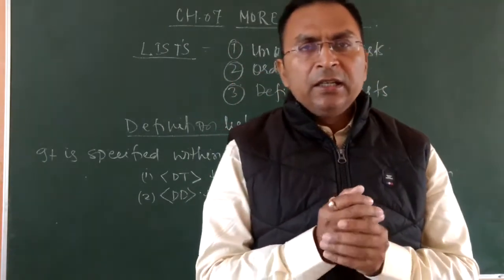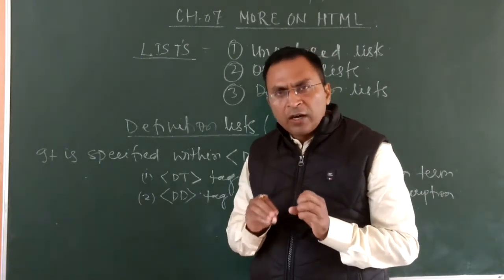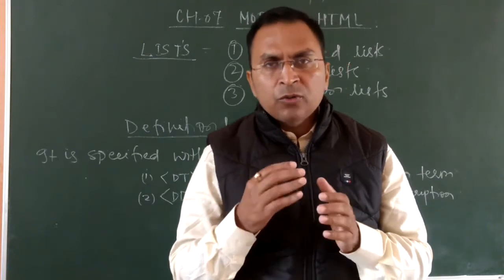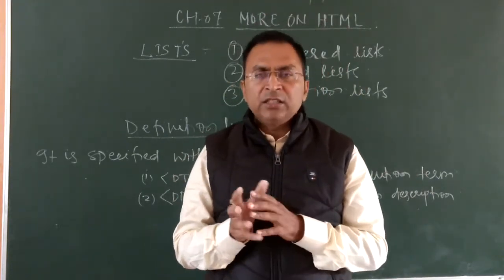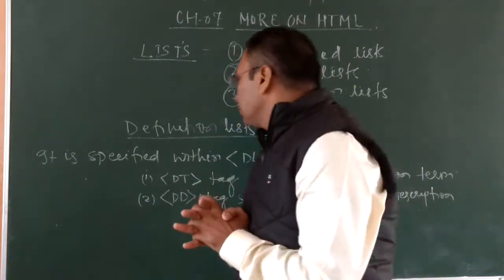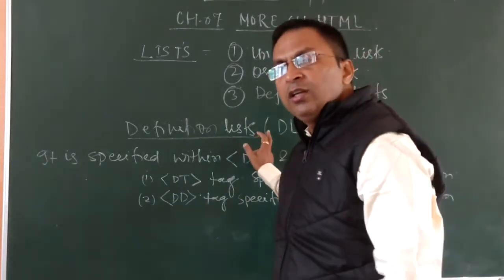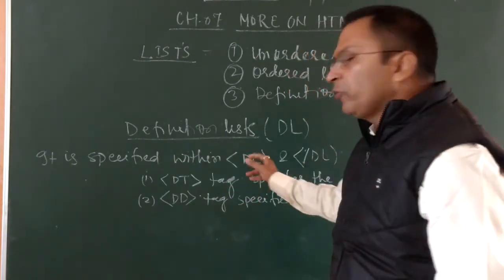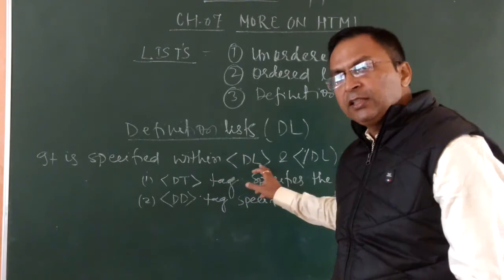In HTML we call it a tag. So whatever code the user is writing, in HTML terminology it is called a tag. Under this definition list, DL in short, it starts with DL in angle brackets, then the closing of it.